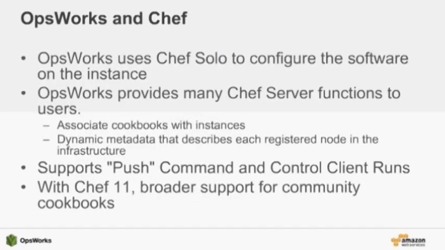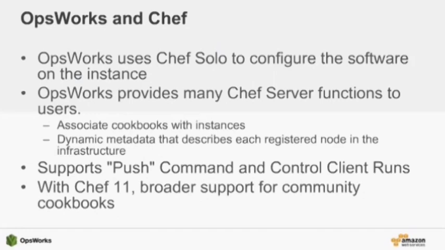So just a little bit more about OpsWorks and Chef. OpsWorks uses Chef Solo to configure the software on the instance, but it provides many of the Chef server functions to you as well. For example, it lets you associate cookbooks with layers, which then are of course associated with instances. We provide dynamic metadata that describes the nodes in your infrastructure.